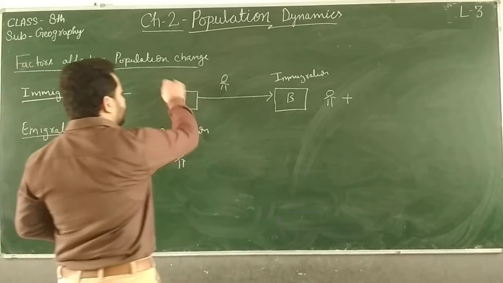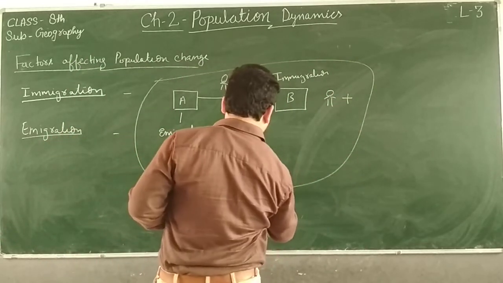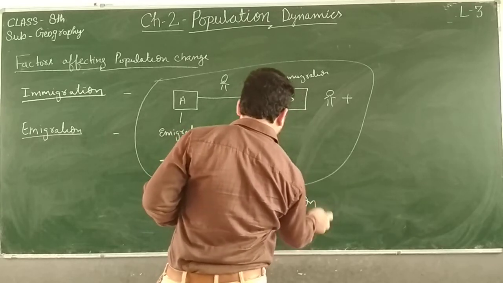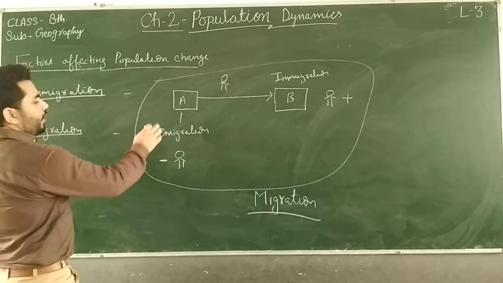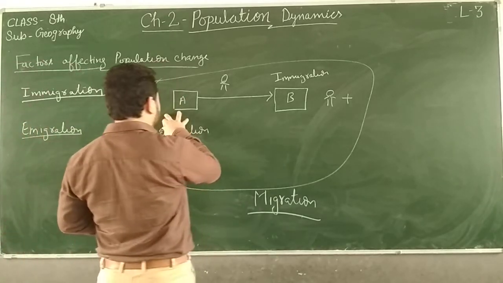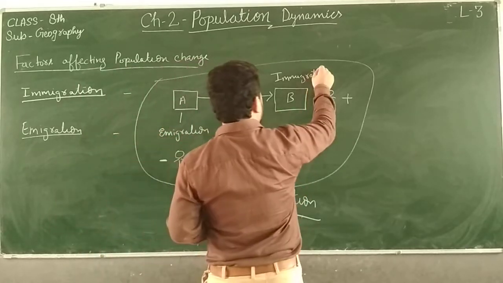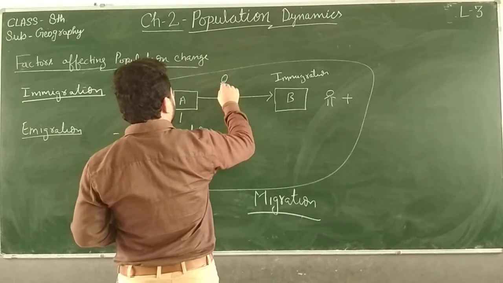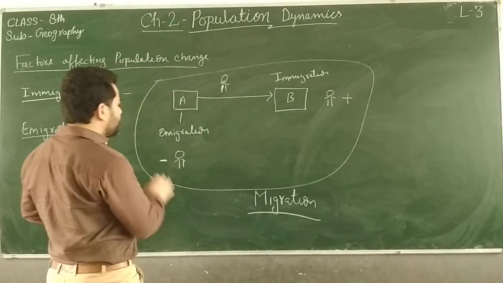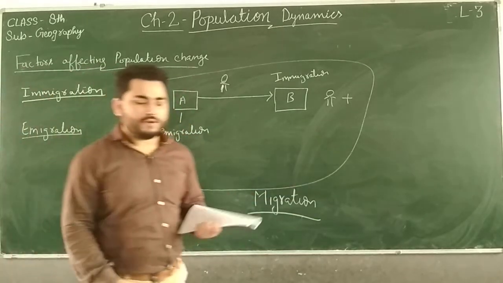This entire process is collectively migration. At place A emigration is taking place, and at place B immigration is taking place. This person is leaving country A and entering country B. Here population is decreasing and there population is increasing.